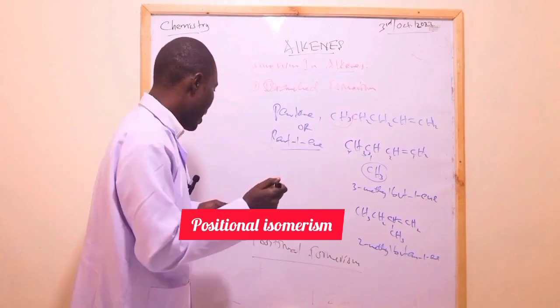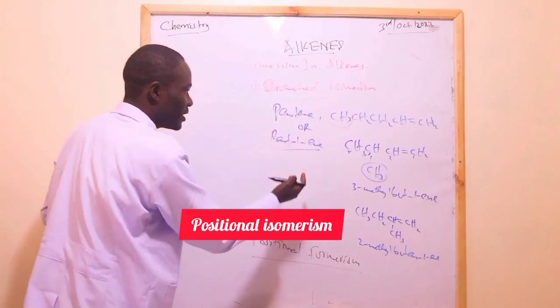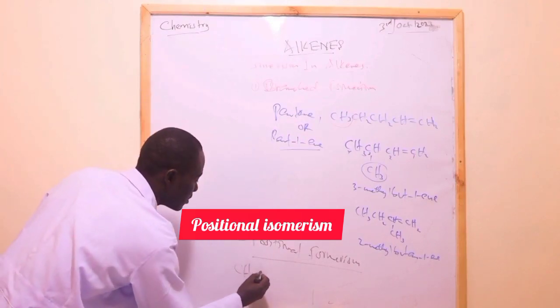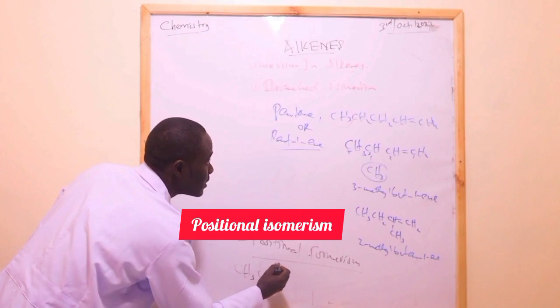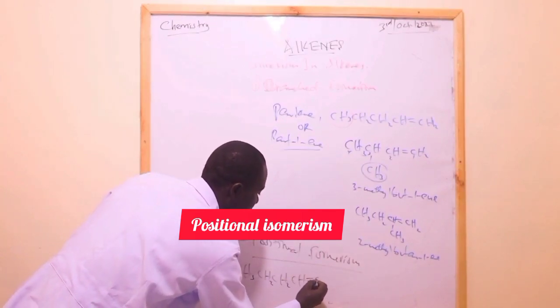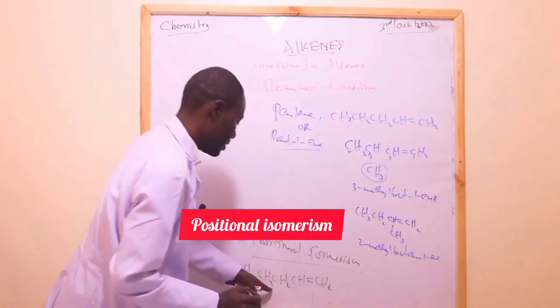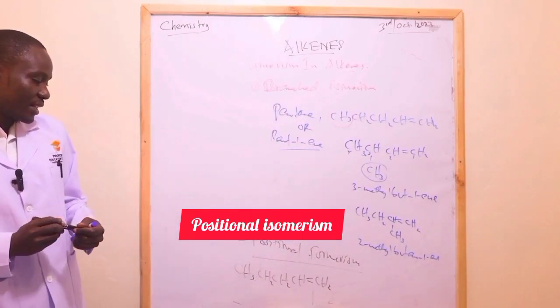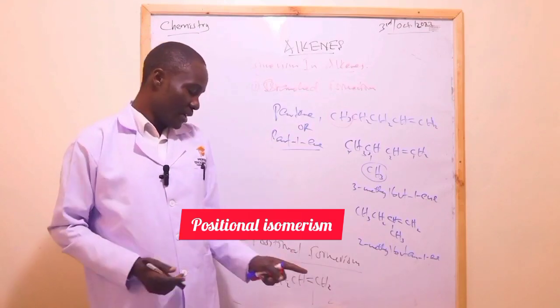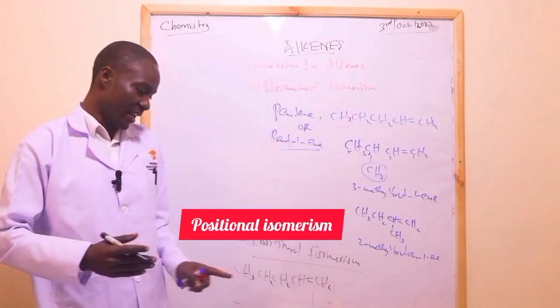So having pentene molecularly written this way as CH3, CH2, CH2, CH, a double bond and a CH2 molecule. In this case, we find that the double bond exists in carbon number 1, because you know when numbering you can count from any side.